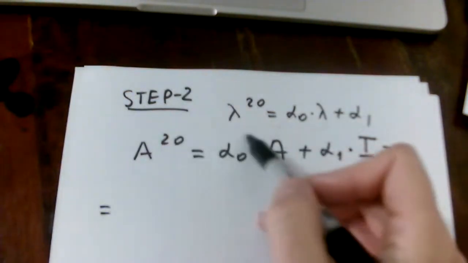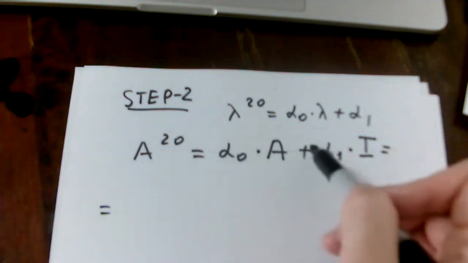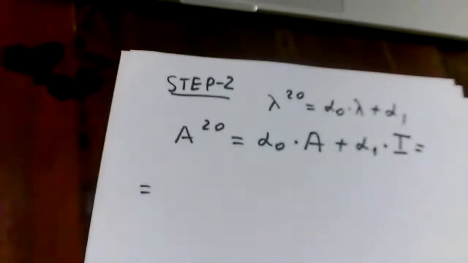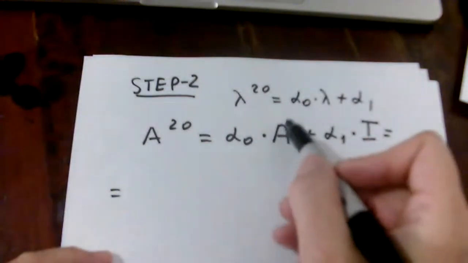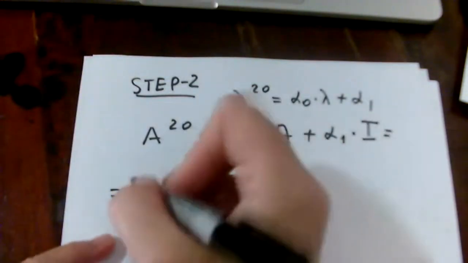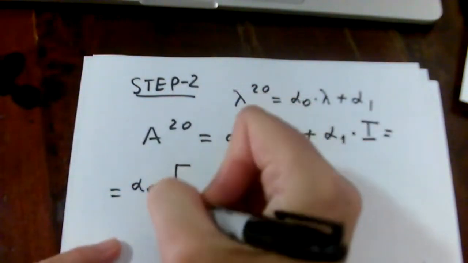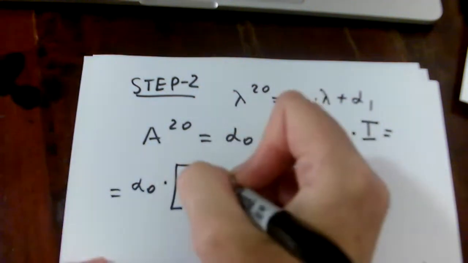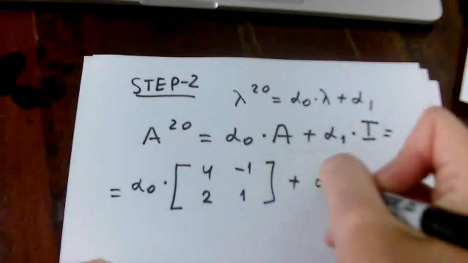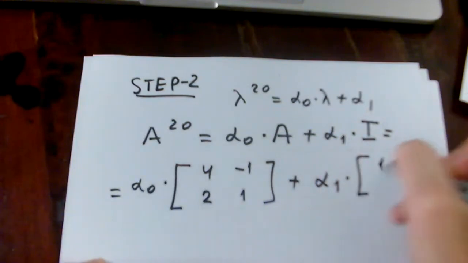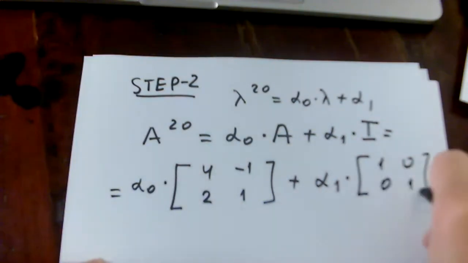Okay, and now we already know alphas. We can substitute them, but I prefer not to substitute them immediately because it will involve a lot of writing. I'd better substitute these matrices. So alpha 0 times matrix A, which was 4, 2, minus 1, 1, plus alpha 1 times an identity matrix of the same size, which looks like this.